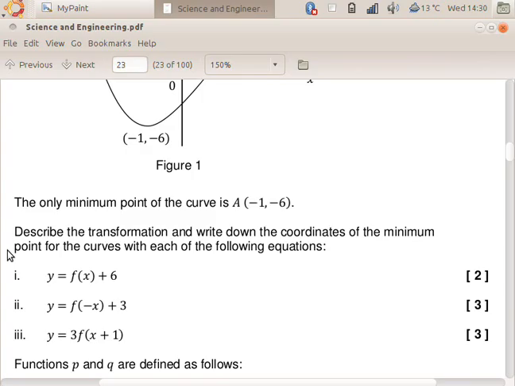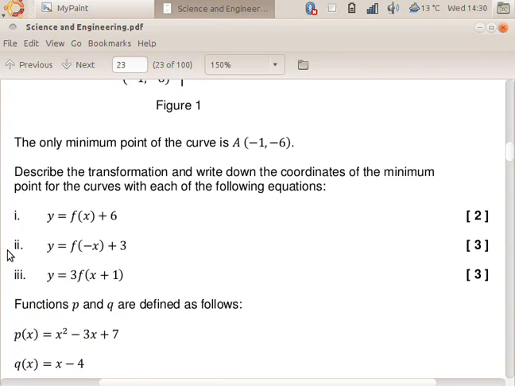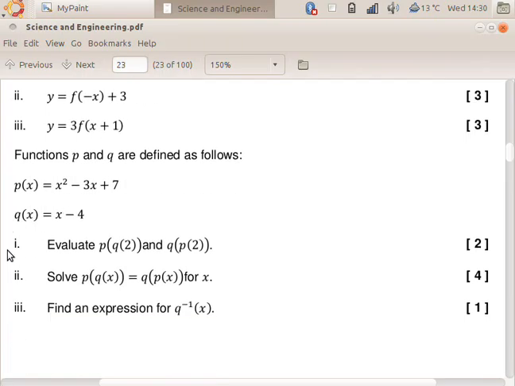Well, there you go. 8 marks. And this is 100% the same. In fact, I can tell the answer straight away for this one. What's the inverse of Q? X plus 4. So it has taken me 1 minute to get 9 marks from this question, and then it'll take you a few minutes to get the remaining marks.